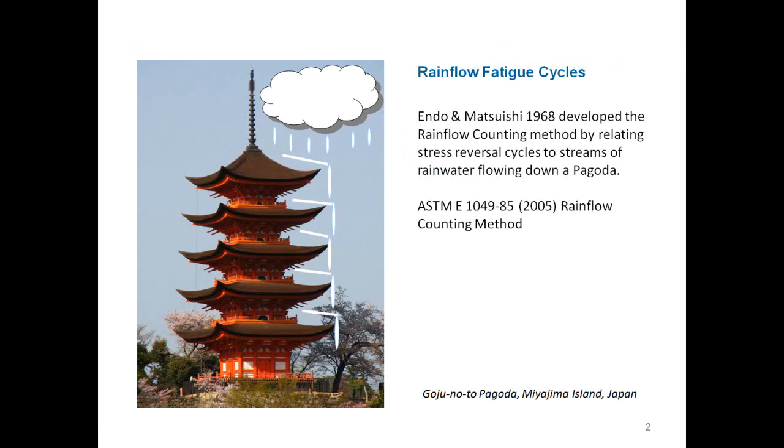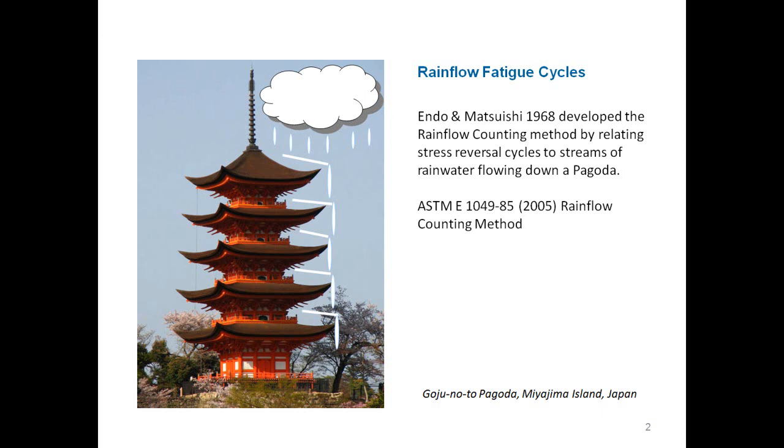Just as a review, I showed this slide in the previous webinar on rainflow counting. This is a pagoda on an island in Japan, and there were two Japanese engineers and researchers named Endo and Matsuishi.